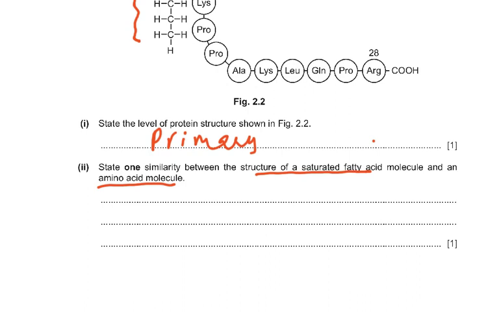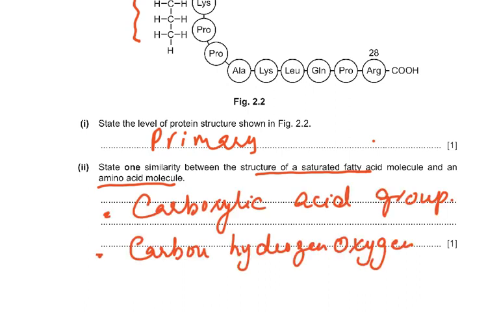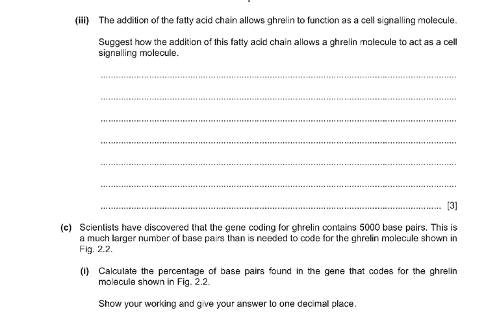Well, they both have a carboxylic acid group and they both contain carbon, hydrogen, and oxygen. So you could have either said contains carboxylic acid group or contains carbon, hydrogen, and oxygen. Part 3 says the addition of the fatty acid chain allows ghrelin to function as a cell signaling molecule.